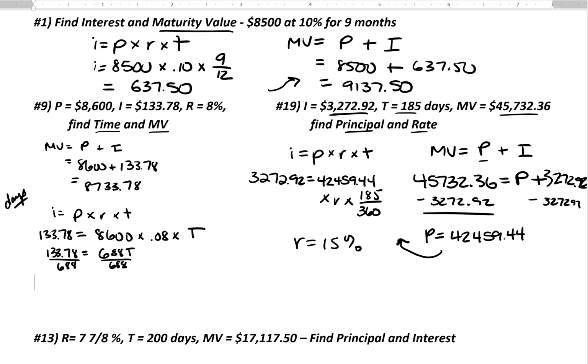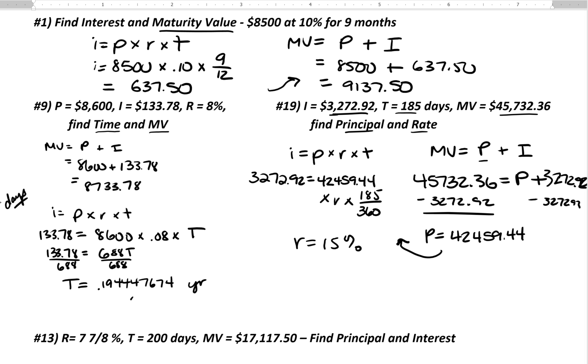So we then would solve for t, and t is equal to 0.1944. I'm just going to go out quite a few decimals here. Again, don't round any answers until the final answer. And so that would be how much of a year it represents.